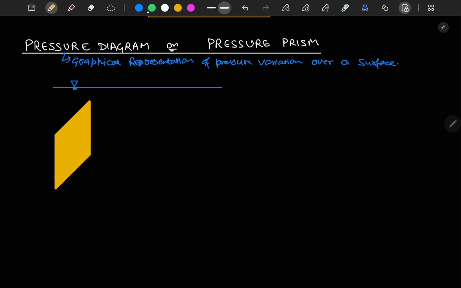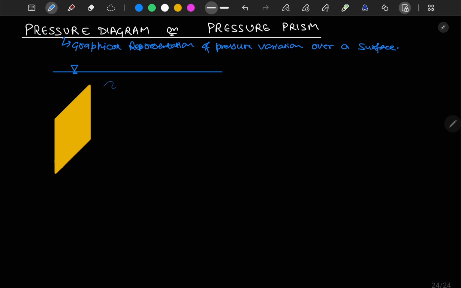So in this surface, if I want to draw your pressure variation, let's say first that this distance is a and this dimension is b.